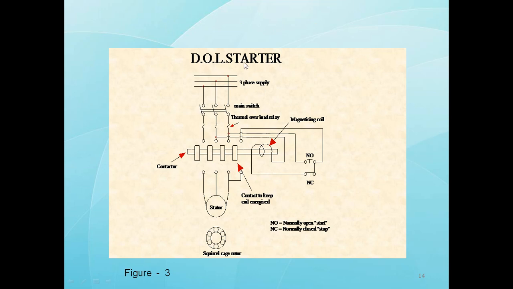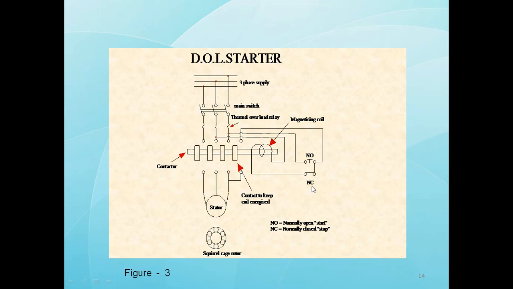This is the diagram for a DOL starter. Note down, everyone. See here, the supply is coming here. Three-phase supply. Here we have the main switch, and from there a contactor. From this contactor we have a magnetic coil. For that magnetic coil we have NO and NC connected.